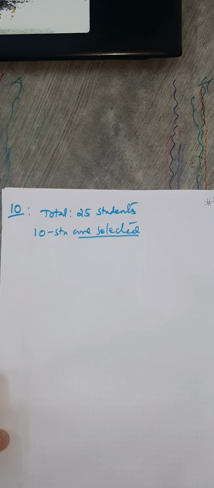With this condition. What's the condition here? That 3 students decide that either they will go for the party or they will not go for the party. All 3, remember. Right?